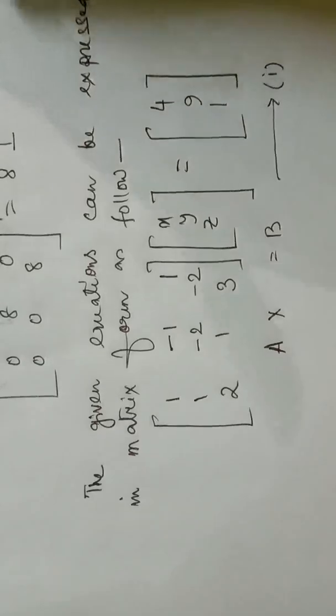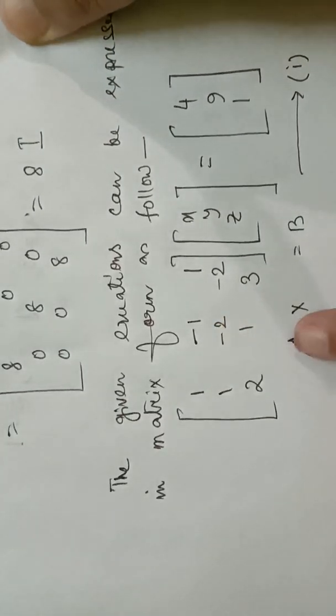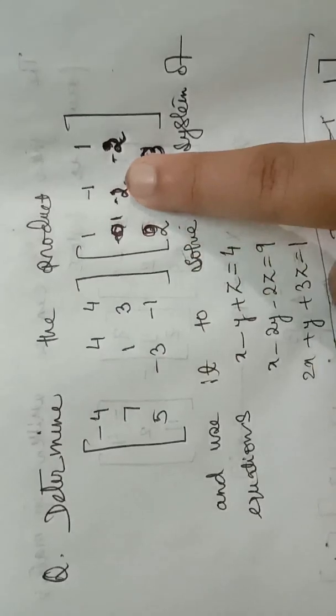Now you see one thing, the matrix A and this matrix are the same.